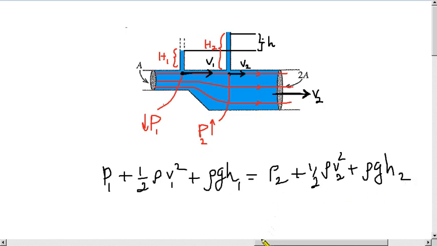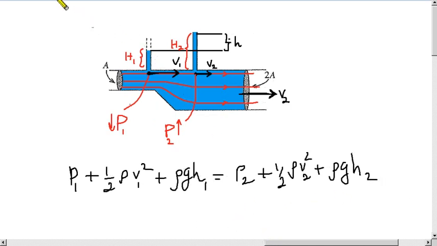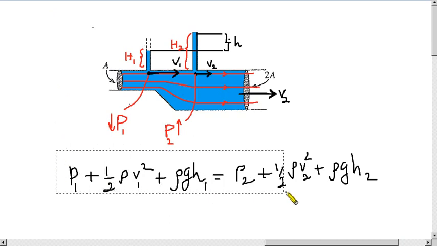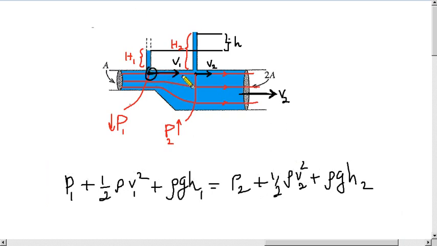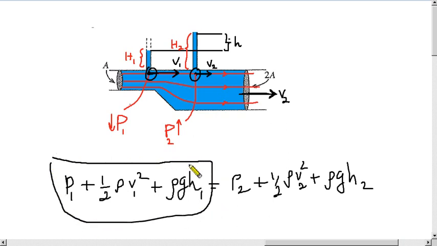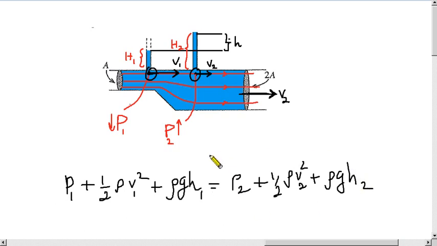This is the equation you usually use, because we apply the Bernoulli equation to point 1 and point 2 and get this part, and then for point 2 we get this part. So we equate those parts because this part equals a constant, and this part also equals a constant. Therefore finally we get the equation like this. This one is familiar to you. So what is this h1? What is this h2?